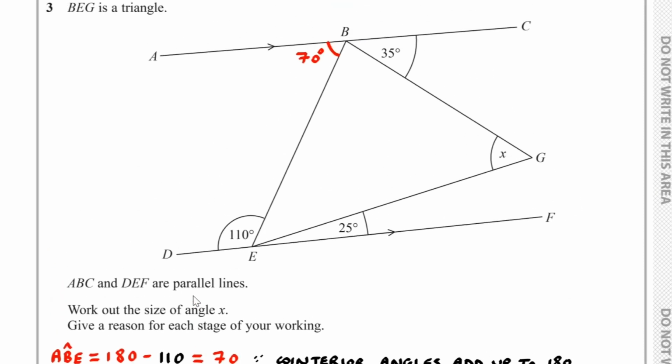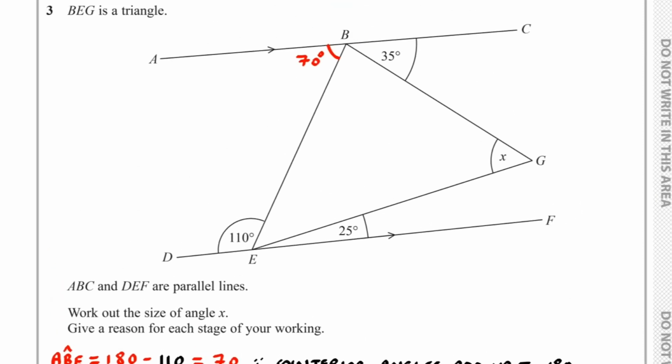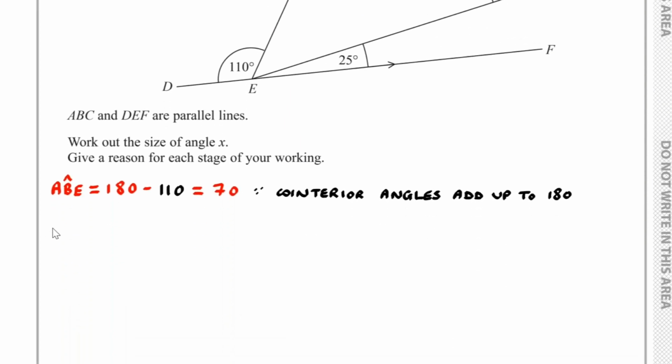We can now find the angle EBG, which is this angle here, recognizing that angles on a straight line sum to 180. So the angle EBG, that's equal to 180 subtract the 70 subtract the 35.